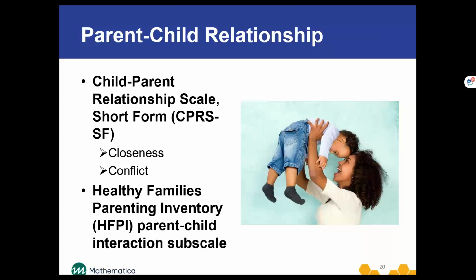The HFPI parent-child interaction subscale assesses aspects of parents' responsiveness and sensitivity to the child and interactions with the child. In addition to a total score for the subscale, there's a screening cutoff score that indicates an area of concern. Next, please.